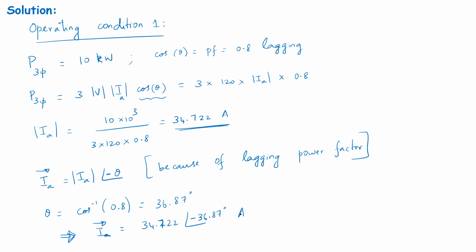So this is the first step. I have solved for my armature current, which is also the current through the load under operating condition 1. Once I have solved for the current, I can use the per phase equivalent circuit.